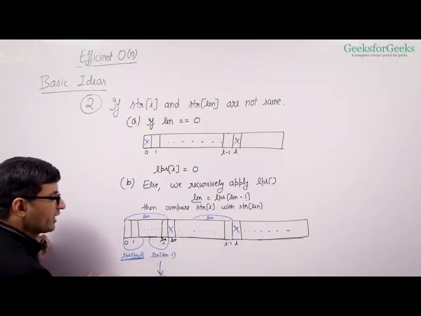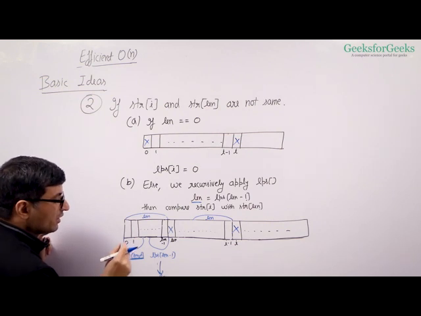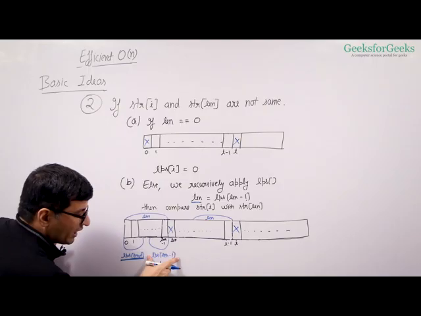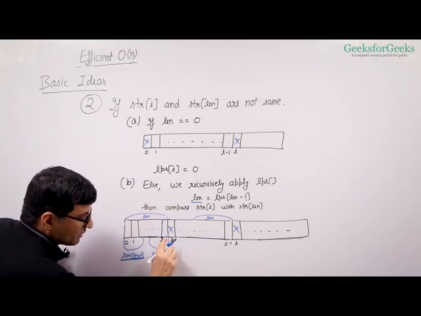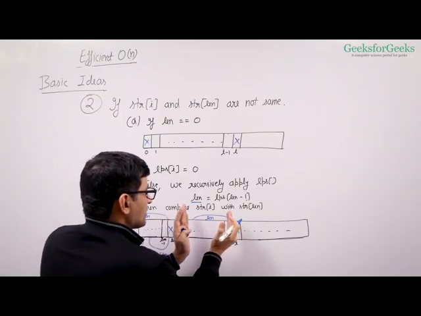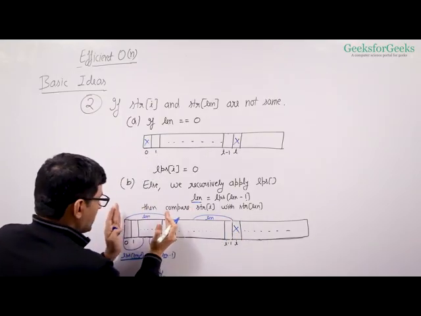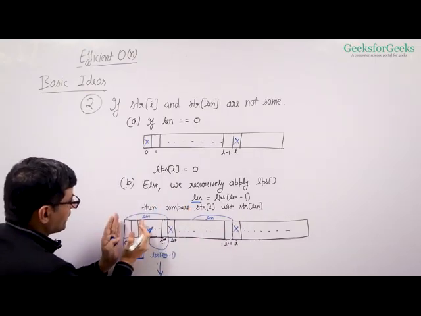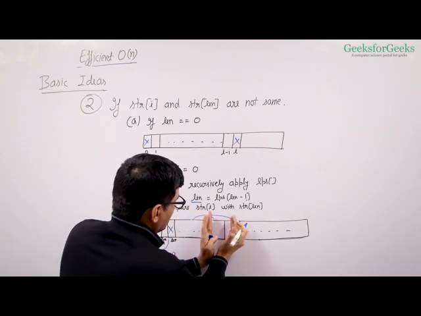That is what we are saying is our new length. Why are we using this index? The reason is these characters must be the same as these characters, because this is the value of LPS at length minus 1. And since this whole thing is matching with this whole thing, this string and this string must be the same. So this proper prefix must also be a suffix here now.